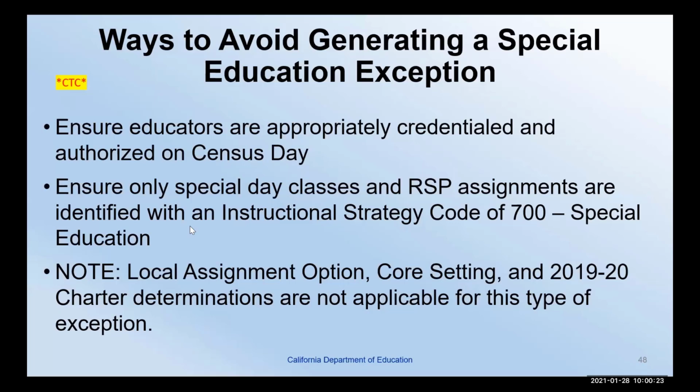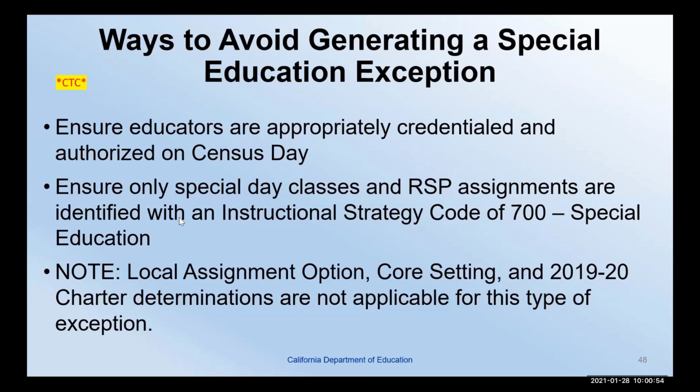It's really important that the instructional strategy is reported accurately in CalPADS, because CalSAAS is coded to process general education assignments differently than special education assignments. So for assignments reported with instructional strategy 700, CalSAAS will check for the appropriate special education authorization to cover that student's primary disability areas, rather than checking the authorizations for alignment with the general education course assignment.